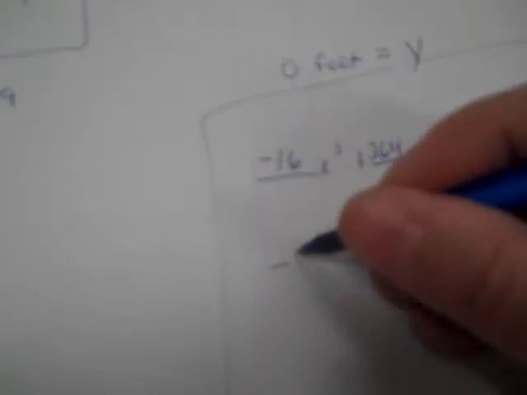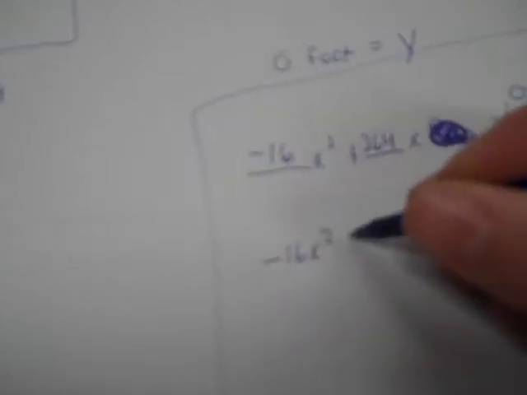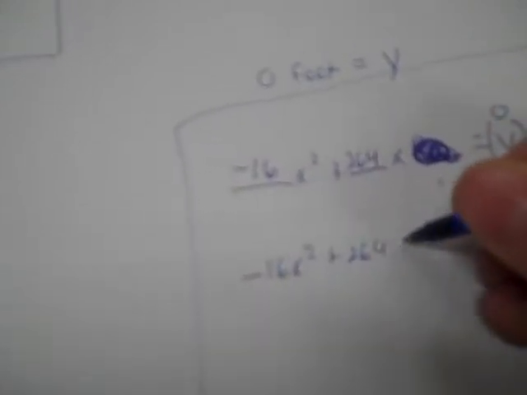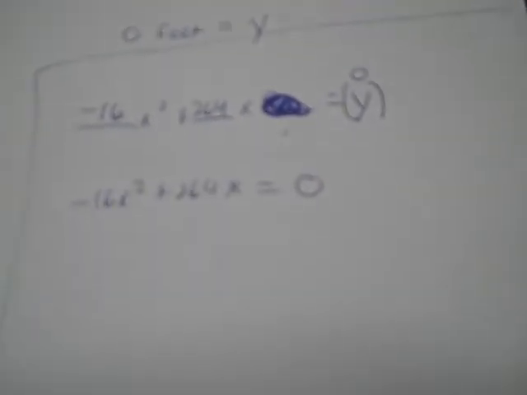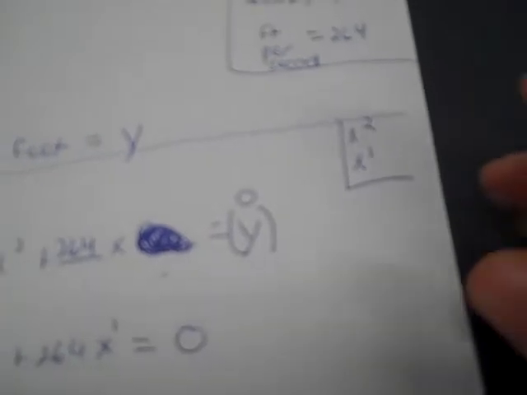So I have negative 16x to the second power plus 264x equals 0. Now I have to find the two solutions for x, given the fact that x is to the second power. That's why there's 2. We have x to the second, and we've also got x to the first.